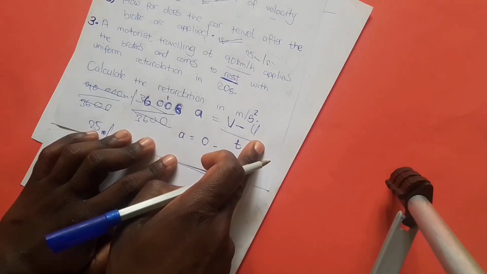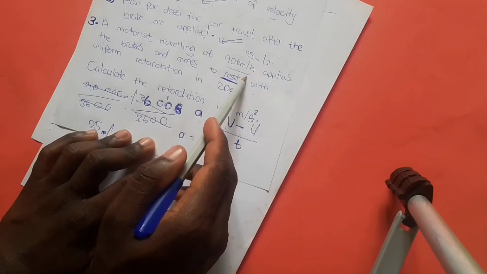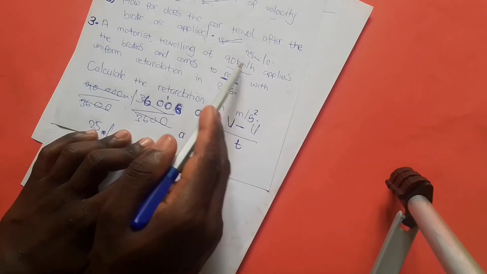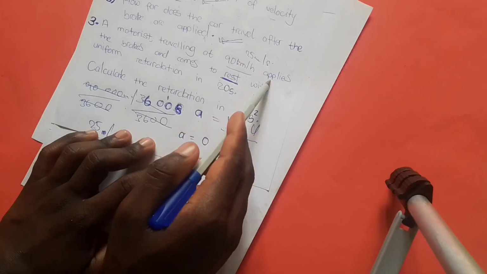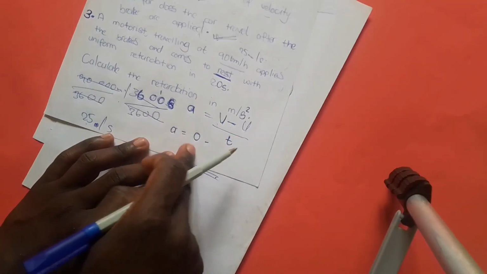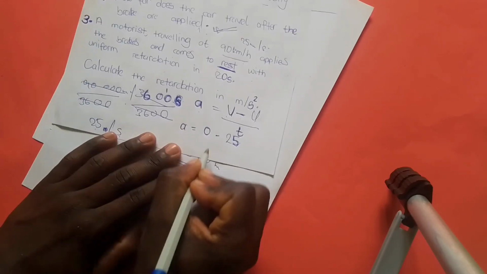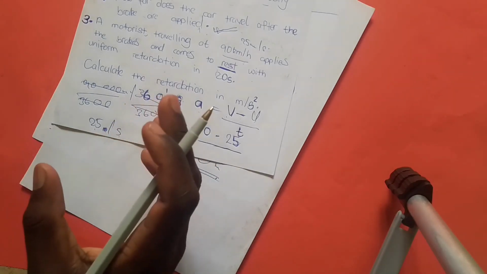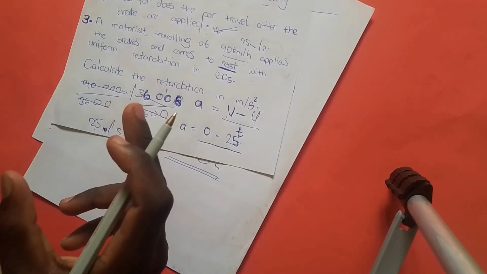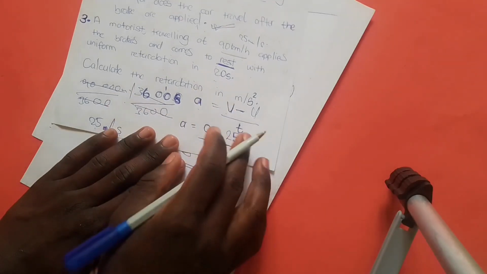Initially the motorist was traveling at 90 kilometers per hour, which we converted to 25 meters per second. So it's 0 minus 25 over T. The motorist was decelerating for 20 seconds, so T is equal to 20.